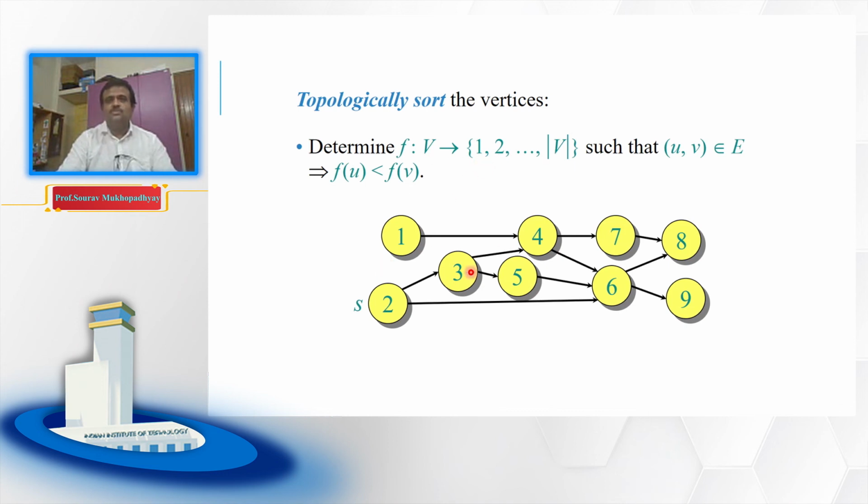So, the vertices should be numbered 1, 2, up to n, and the numbering will be such that if there is an edge from vertex u to vertex v, then whatever number we give to u, say i, and whatever number we give to v, say j, i must be less than j.